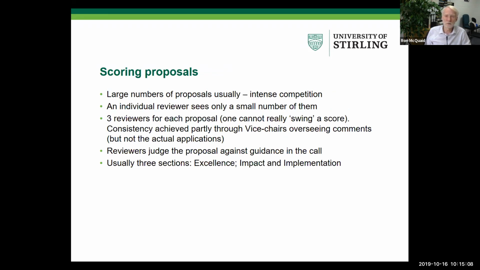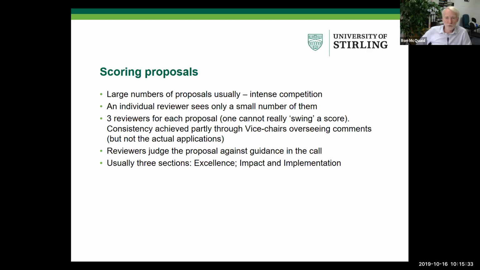It is actually quite a fair process in that way. There is consistency between proposals because the vice chairs oversee the comments made by the reviewers. They don't read the actual proposals themselves, as there would be too many, but they make sure the comments are consistent with the scores, and there's some discussion at various points.